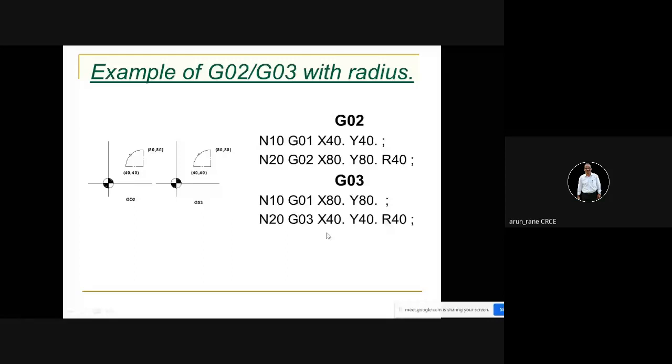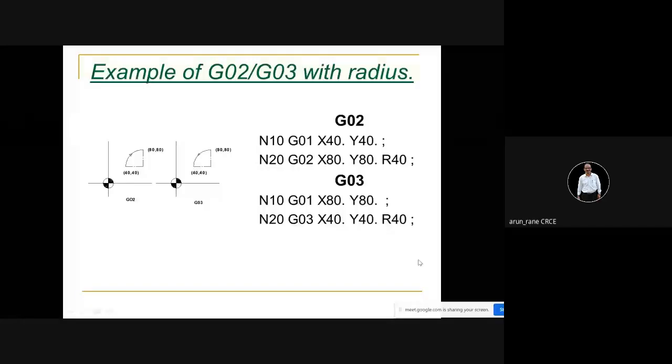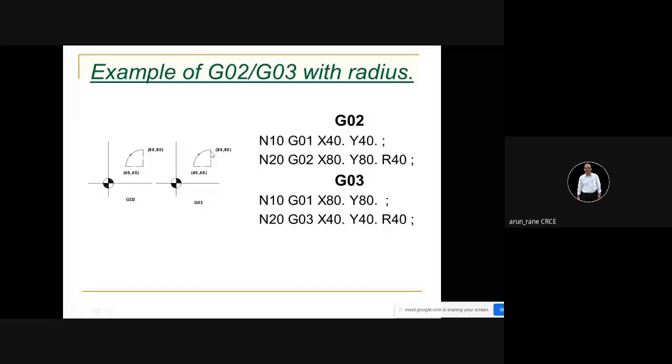You have to give it in absolute, because by default we will be working in G90 absolute. If you want to work in incremental, then you have to write G91. Alright. So here my start point is X80, Y80, and then end point is X40, Y40, and radius is 40.